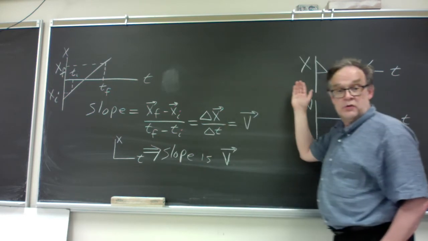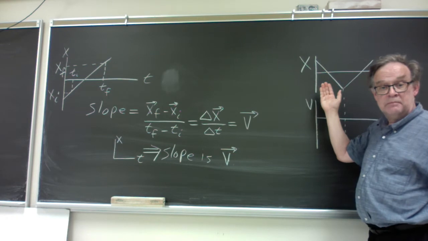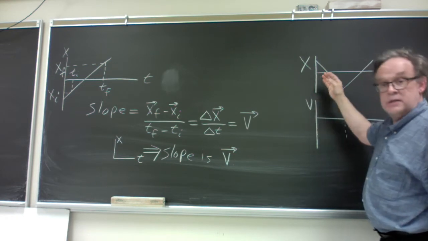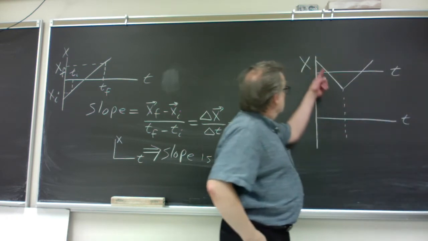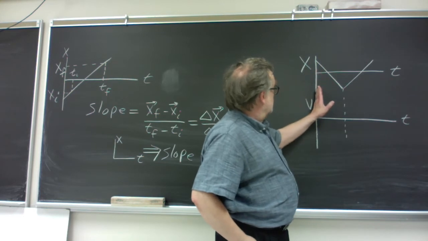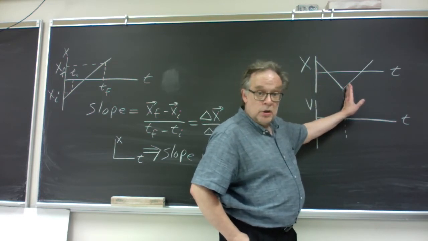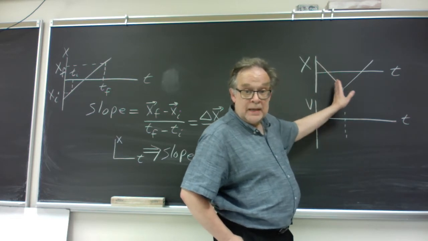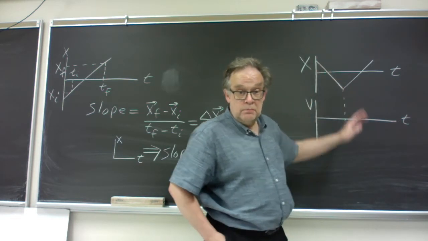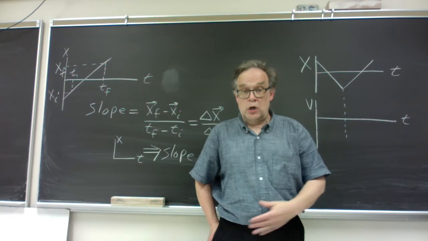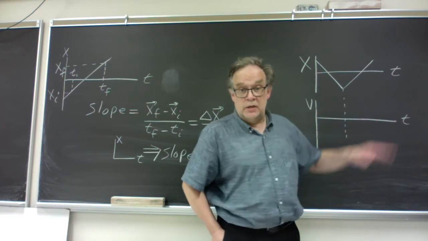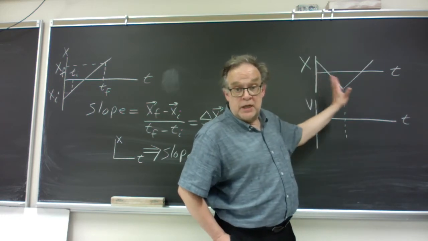Here's a graph of position versus time, and from the time that goes here to here, you've got one constant slope, so that means one constant velocity. Same slope from this time to this time.